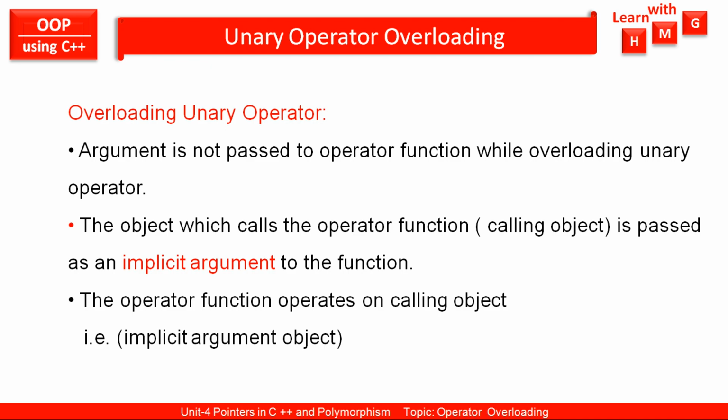On that object it is operating, which means what? Actually, it will operate on the data members of that calling object. So these are the three important points which happen in overloading unary operators.